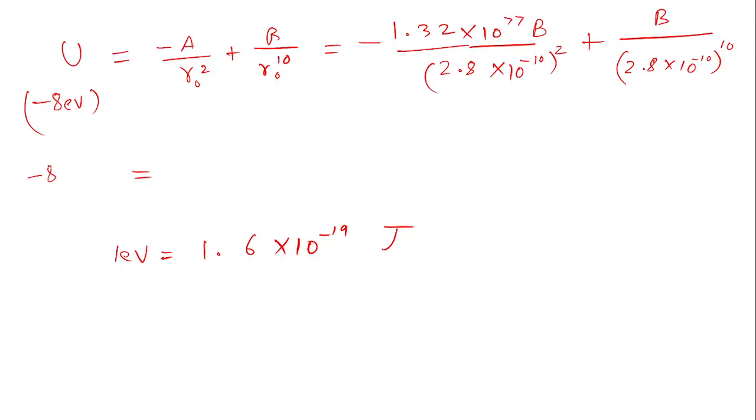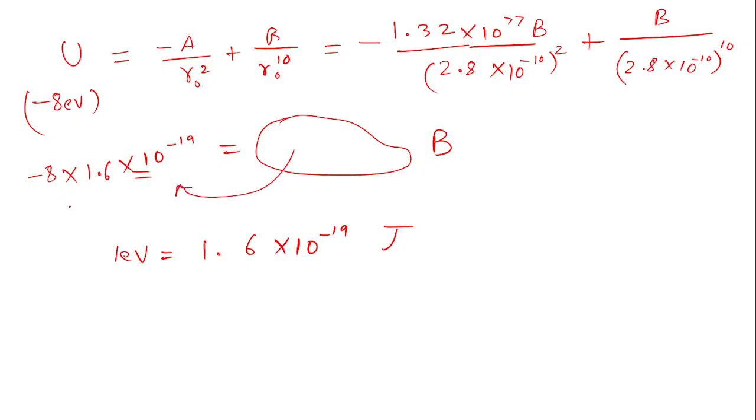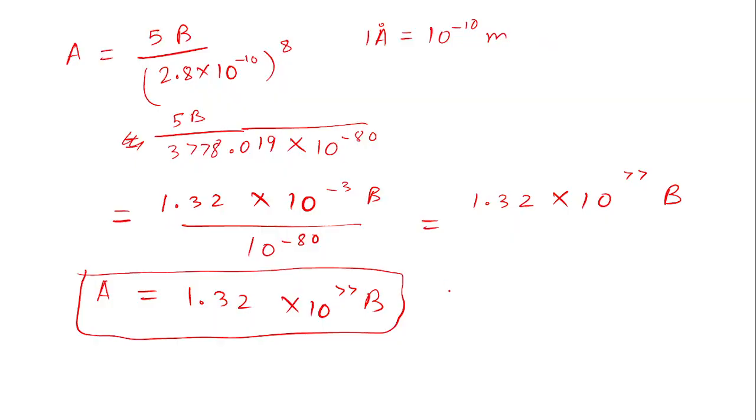So it will become minus 8 times 1.6 times 10 to the power minus 19 on this side, and when we solve all this, it will be some expression in terms of b. From here there will be some magnitude, right? We'll get the value of b by taking this side in the division, and then when we put this value of b in this equation, we'll get the value of a also.